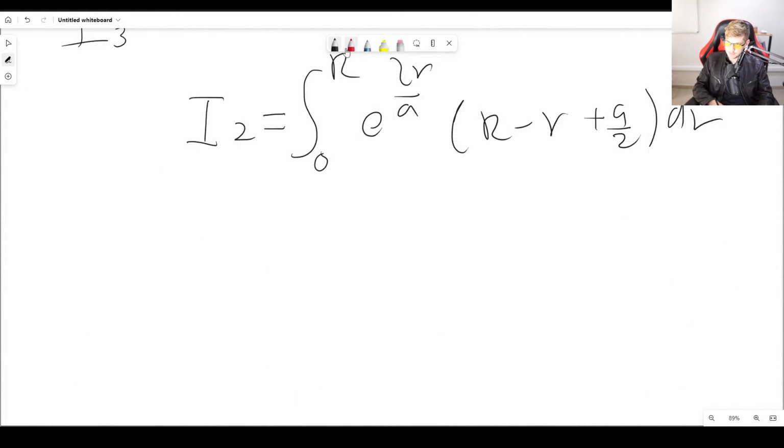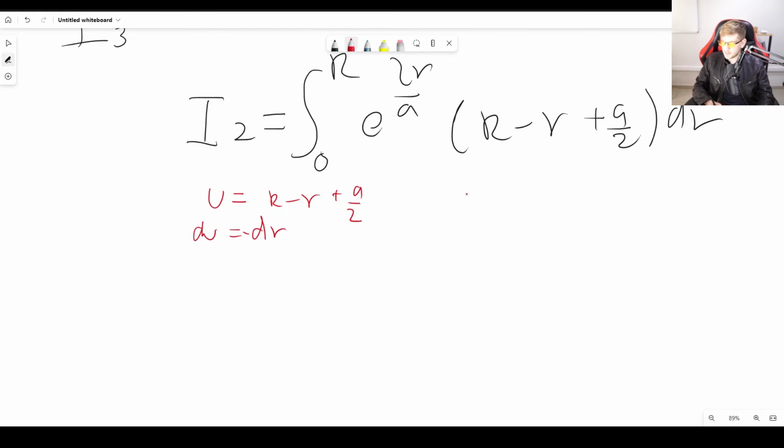integration by parts. So u is going to be big R minus small r plus a over 2. du will be minus dr now because of that minus sign there. dv will be e to the 2r over a dr, and v will be a over 2 e to the 2r over a.